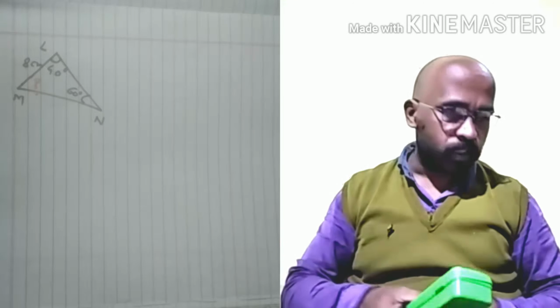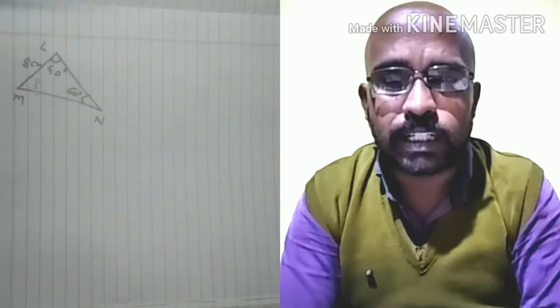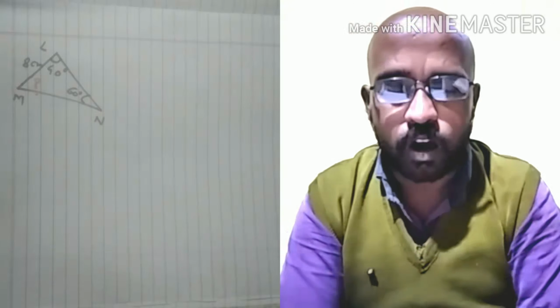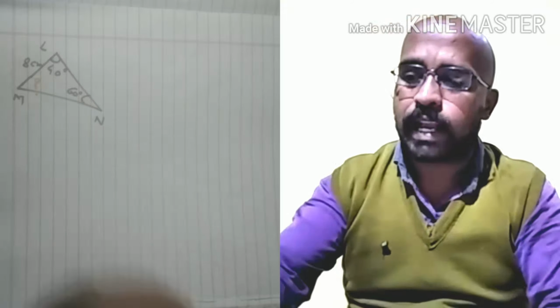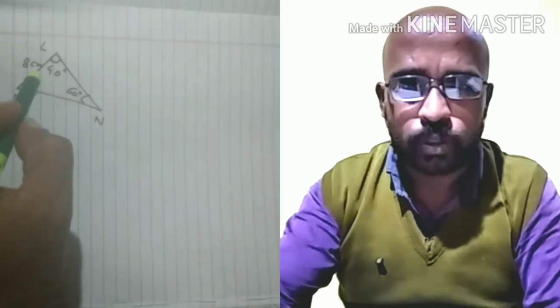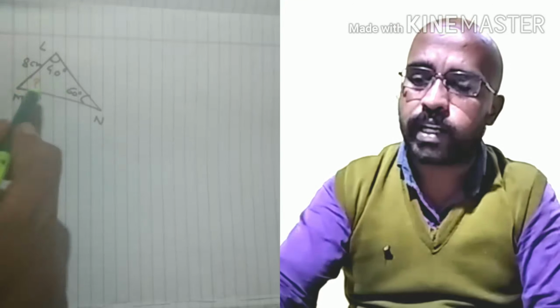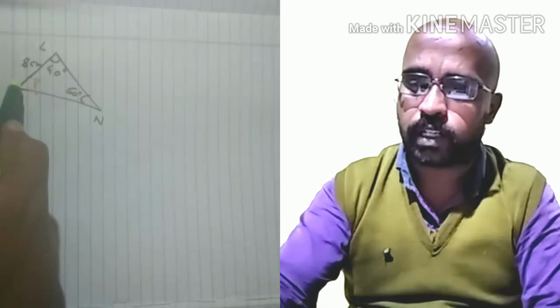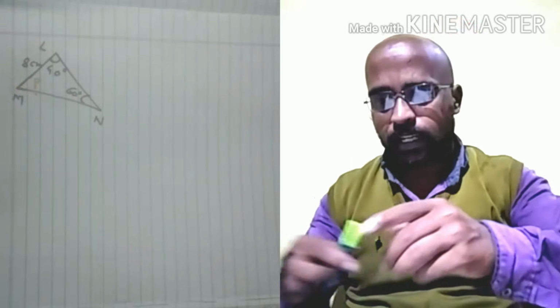I hope you recall that rule. What is the addition of all angles of a triangle? 180 degree, means angle L plus angle M plus angle N is equal to 180 degree, means this angle is nothing but 180 minus 60 plus 40, 100. Let's first find that angle.